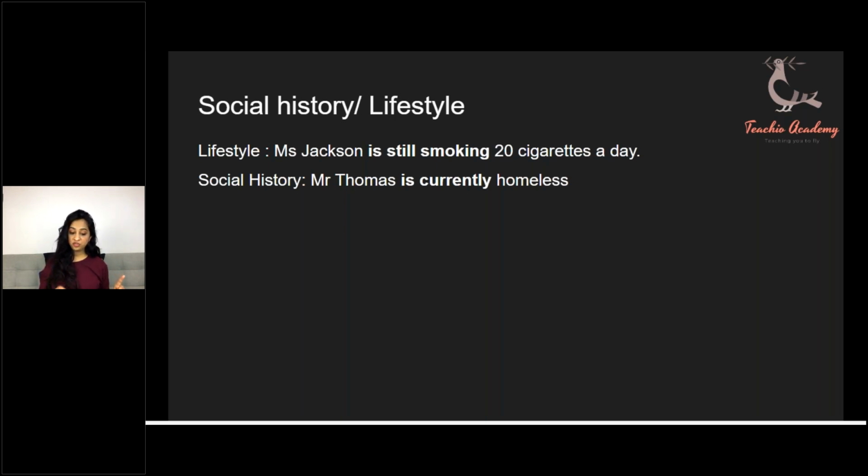So Miss Jackson is still smoking. The patient is still doing this in their lifestyle. So that's why present continuous, because the thing is still happening. Social history.